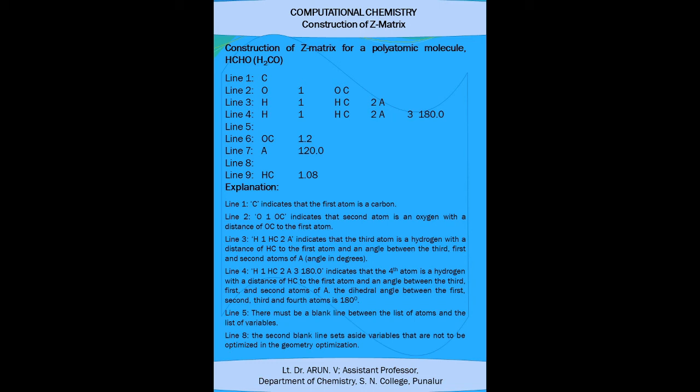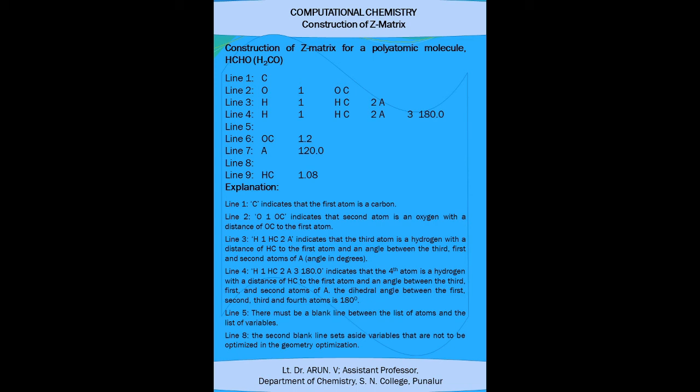Line 3, H 1 HC 2 A, indicates that the third atom is a hydrogen atom with a distance of HC to the first atom, and an angle between the third, first and the second atom of A. Line 4, H 1 HC 2 A 3 180.0, indicates that the fourth atom is a hydrogen with a distance of HC to the first atom and an angle between the fourth, first and second atom of A. The dihedral angle between the first, second, third and fourth atom is 180 degrees.